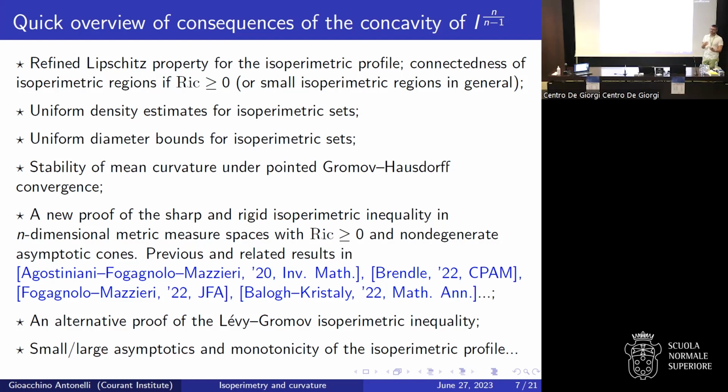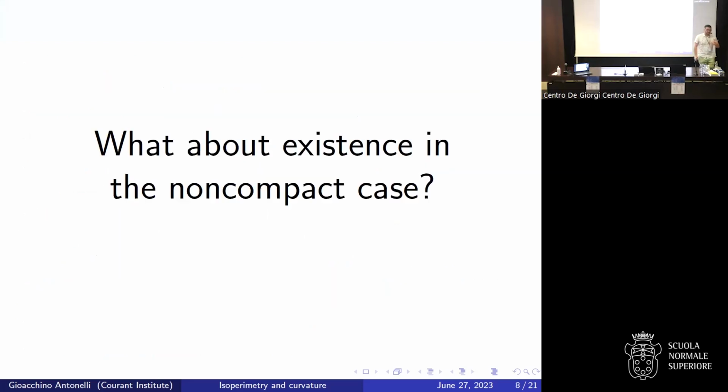And you can use the technique that you use to prove this concavity to give a new proof of a sharp and rigid isoperimetric inequality on spaces with non-negative Ricci curvature, okay? Also, you can use it to give an alternative proof of the Lévy-Gromov isoperimetric inequality in the non-smooth setting, which was first proved by Cavalletti and Mondino. So we saw that the problem is the existence of isoperimetric sets in the non-compact case.